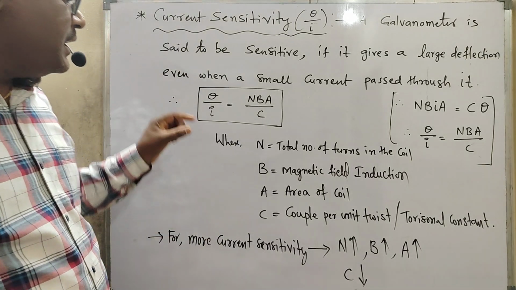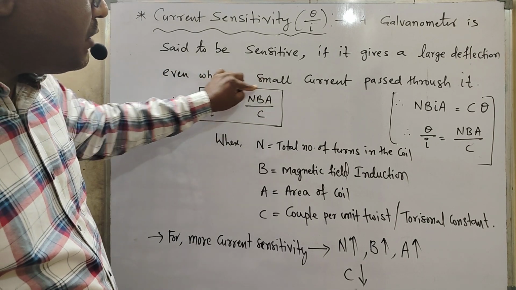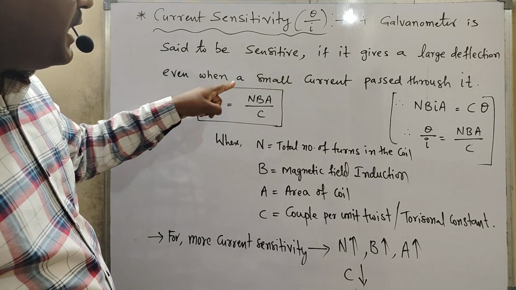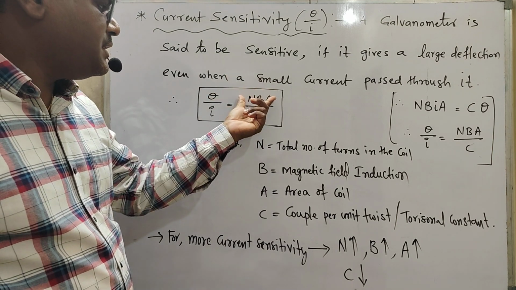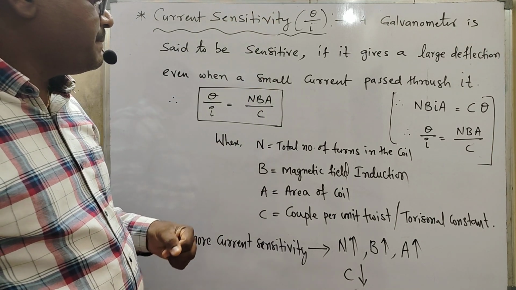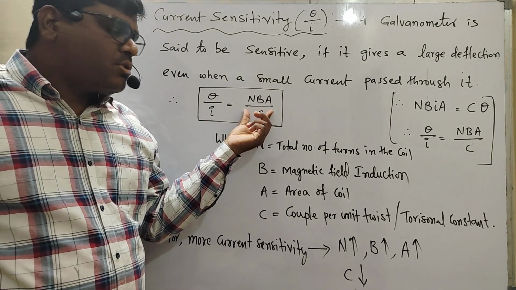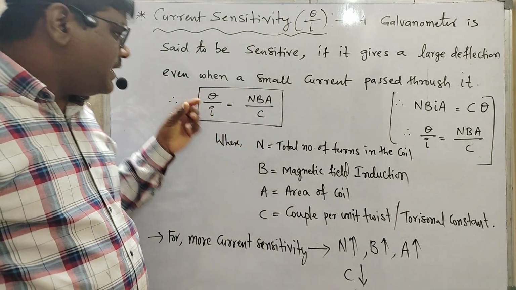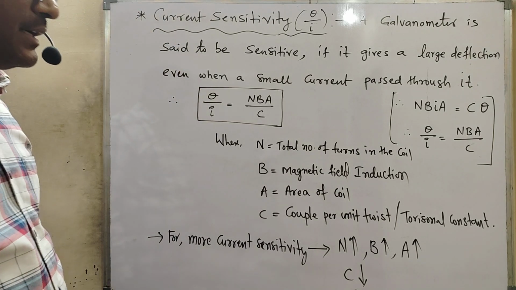So most important, current sensitivity depends upon these four quantities: number of turns, magnetic field, area of cross section. If these three terms are increased, then the current sensitivity increases. If the torsional constant value decreases, the current sensitivity also increases.